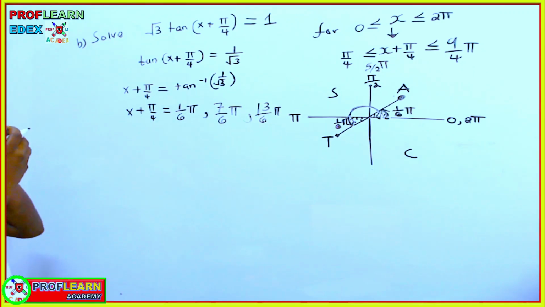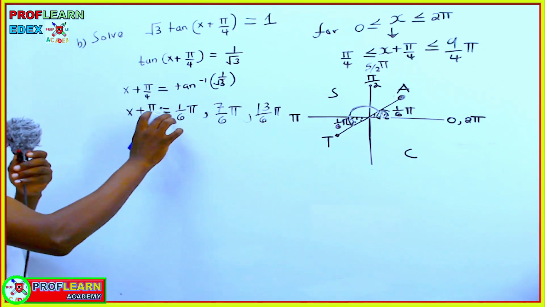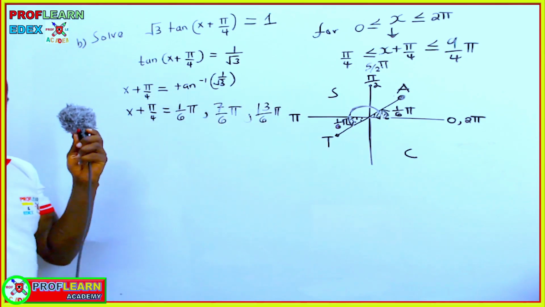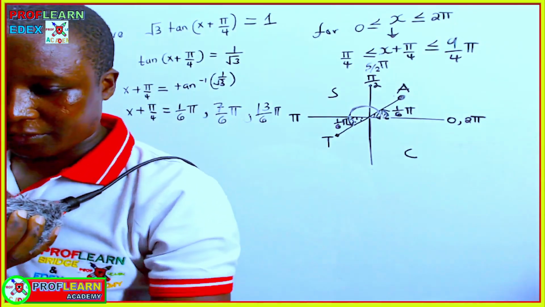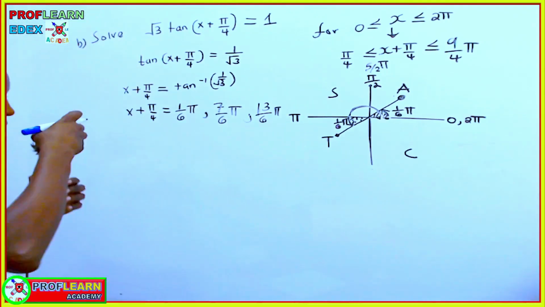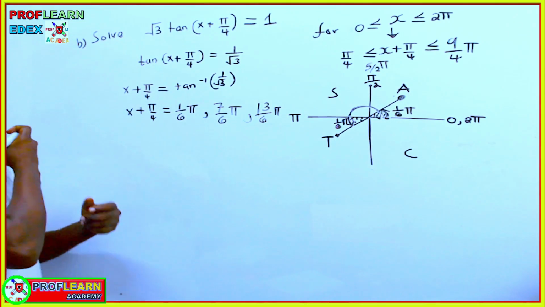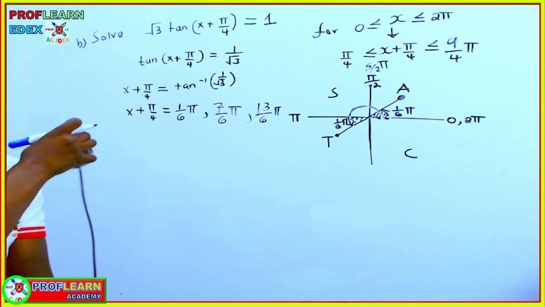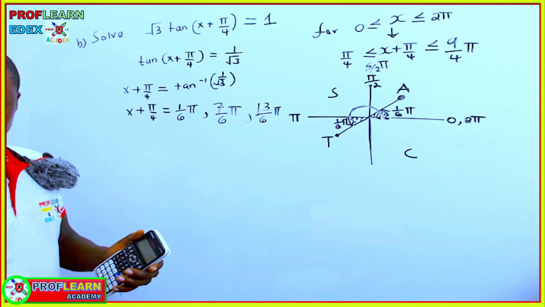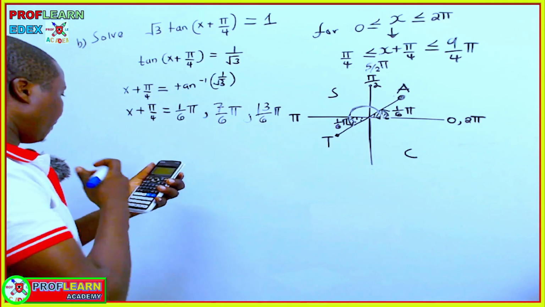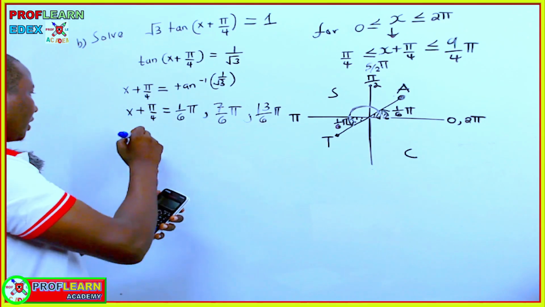So in order to get the value of x, I'm going to be subtracting for each of these angles. Let me just move this here so that I can quickly subtract and you get to see what we are having. I think this microphone is really disturbing me.